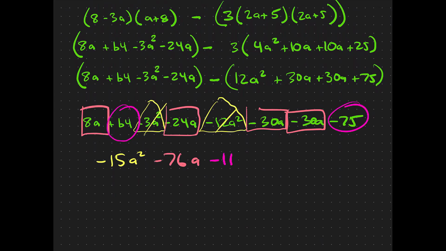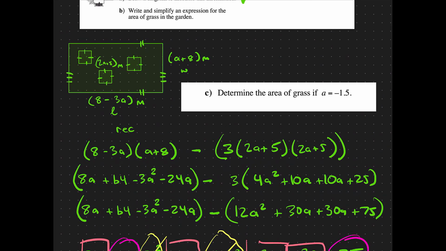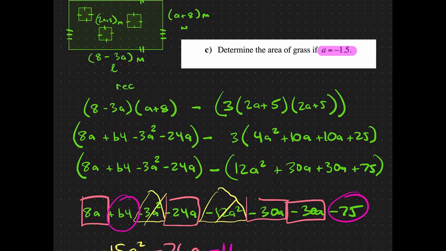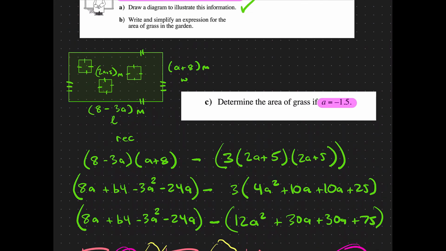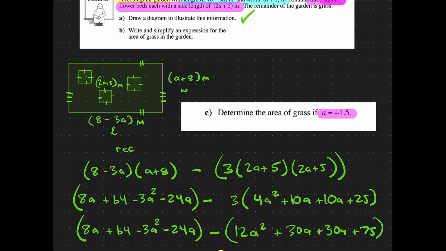Now, if we look at the other part of the question right here, it states to determine the area of grass if a equals negative 1.5. Okay, and I also want to make note here that it's area, which tells me it's going to be units, and they need to be squared because that's what area is.